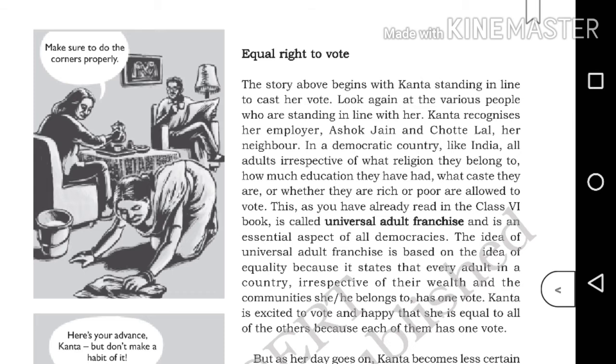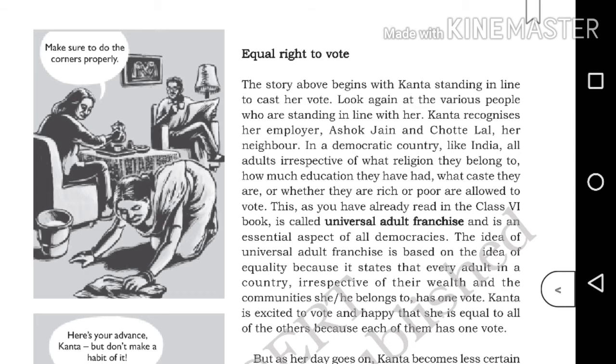This, as you have already read in the class 6 book, is called Universal Adult Franchise and is an essential aspect of all democracies. The idea of universal adult franchise is based on the idea of equality because it states that every adult in a country, irrespective of their wealth and the communities she or he belongs to, has one vote. Kanda is excited to vote and happy that she is equal to all of the others because each of them has one vote.